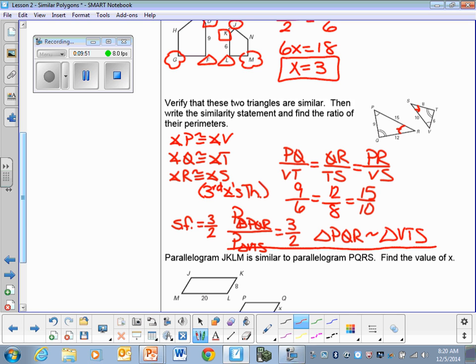Make sure that you are matching corresponding angles.